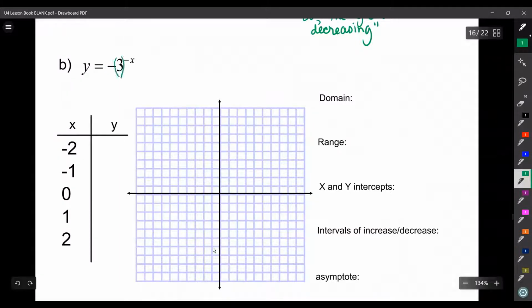What is to the exponent of -x is just the 3. So you can almost imagine that this is like -1 times 3 to the exponent negative x. So after you raise 3 to your exponent of negative x, as you enter these in, you will multiply by negative 1. Okay, so I'm just going to give you guys a second to enter those in and see what you get for y.